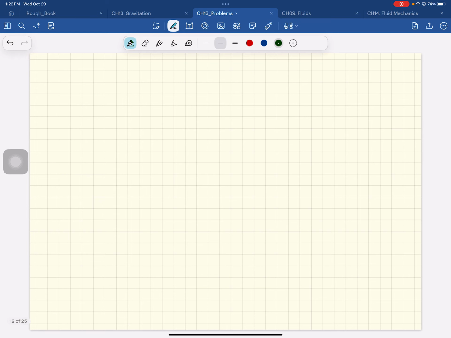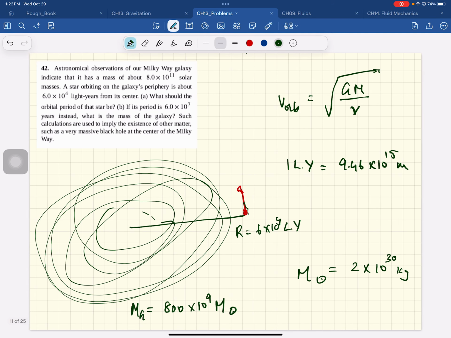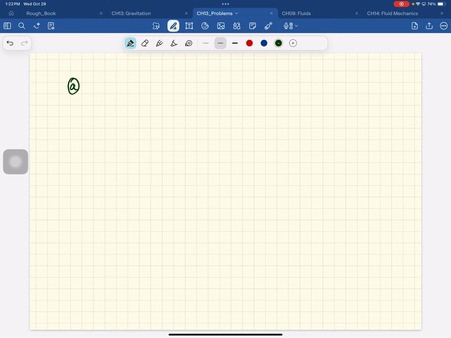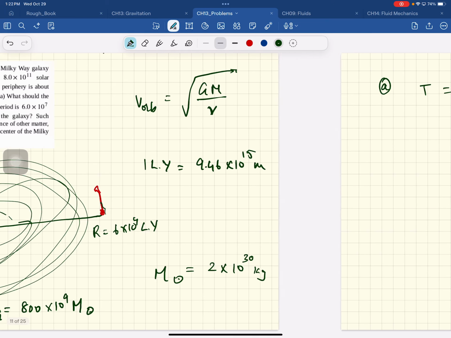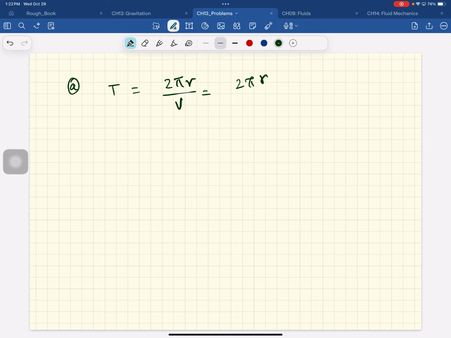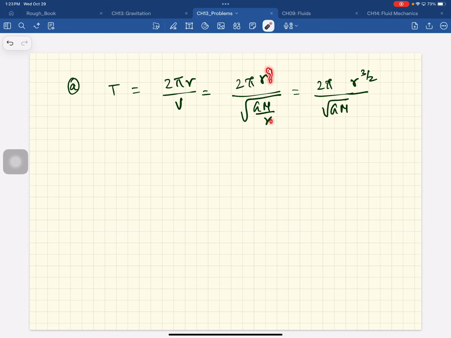The orbital period of the star is 2 pi r divided by v, since it's going in a circular orbit, and v is root of GM by r. 1 plus a half is 3 halves.